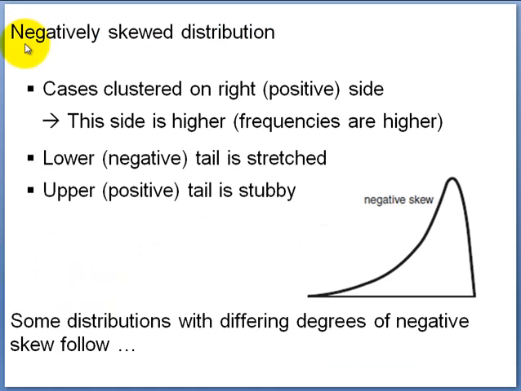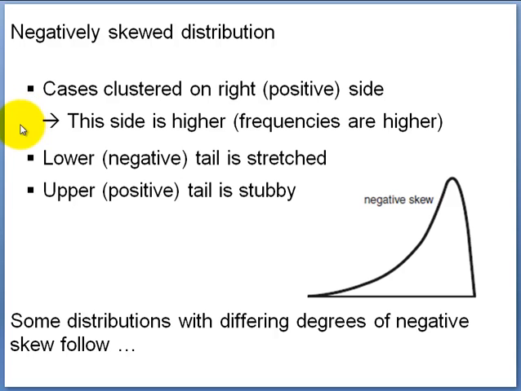So with the negatively skewed distribution, what we're doing is just flipping our perspective 180 degrees. Things are the opposite as compared with the positively skewed distribution, so the cases are clustered on the positive side, and therefore the curve is higher on the right side.